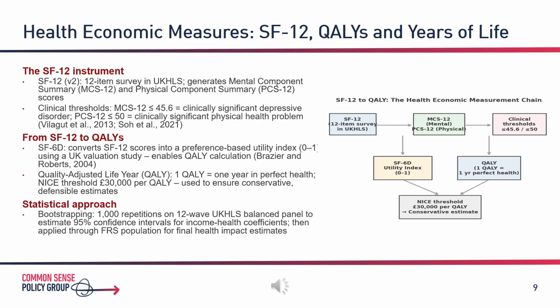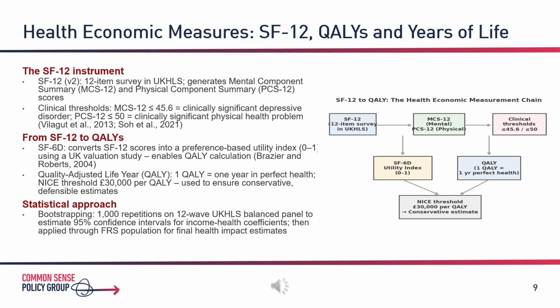The SF-12 is a 12-item survey instrument that generates 2 summary scores from responses to questions about physical functioning, role limitations, social functioning, bodily pain, mental health, and vitality. Both mental component summary, MCS-12, and physical component summary, PCS-12, are collected in Understanding Society, which is why UKHLS data can support this analysis, while the FRS cannot.